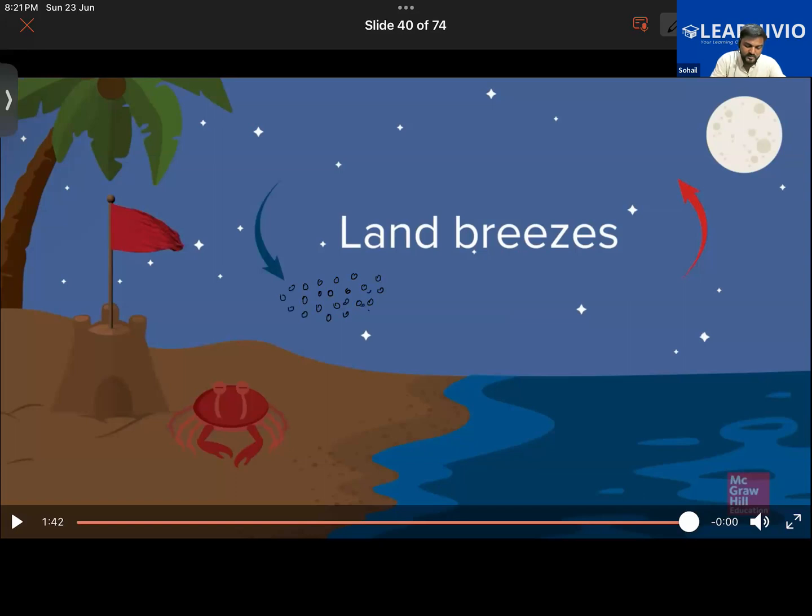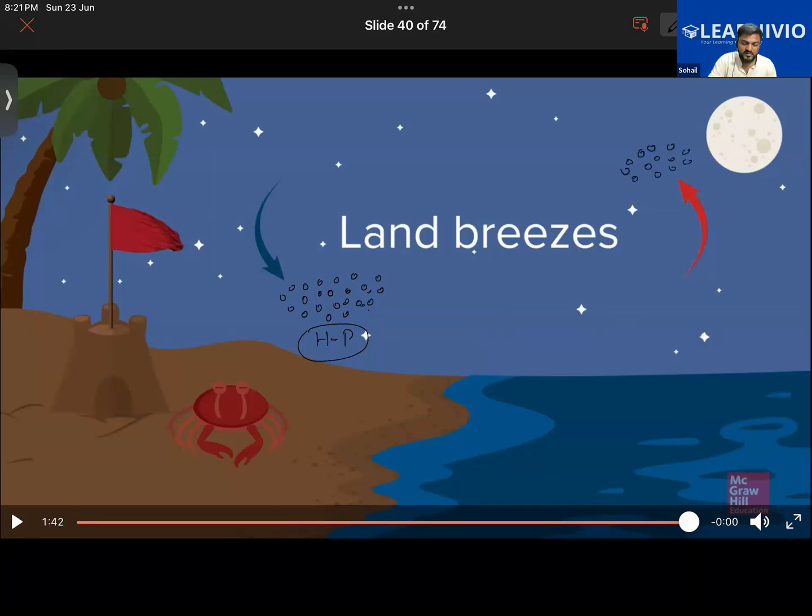Right? So thereby it leads to generation of high pressure, while the air above the water bodies is still warmer because water cools down slowly. Water heats up slowly and it cools down slowly. So the air above the water bodies is still warmer, so it would be rising up.